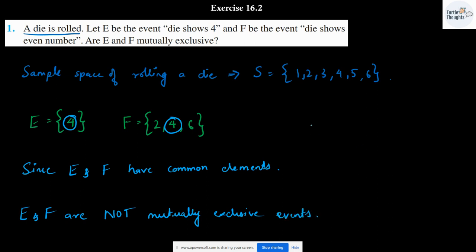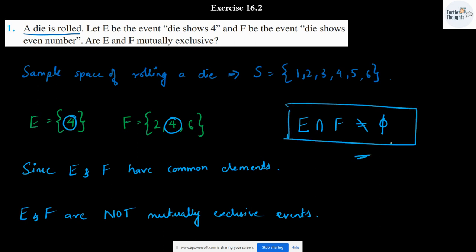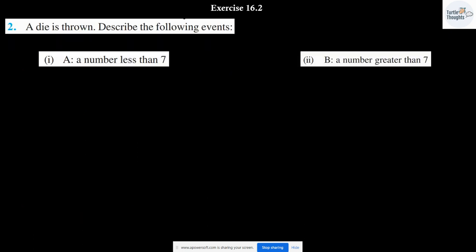Mathematically, I can write that E intersection F is not equal to an empty set. Therefore, they are not mutually exclusive events. If the intersection of two events is a null set, then we can tell that the two events are mutually exclusive events.